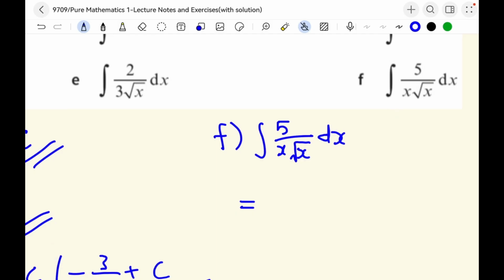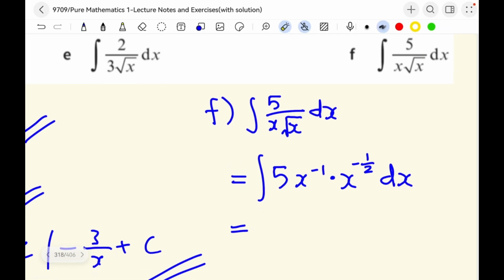What you can see is x is x to the power of 1, so x to the power of 1 times x to the power of 1 over 2 dx. Using the indices addition rule, this is 1 plus 1 over 2, it's addition.